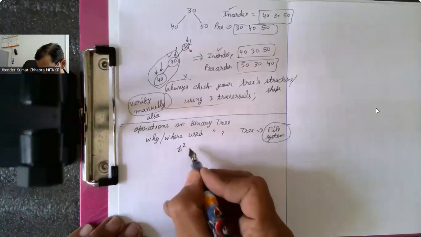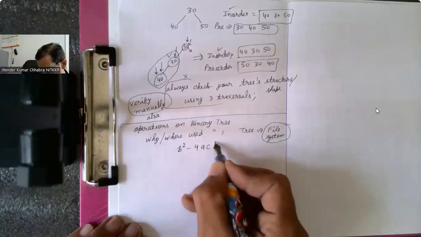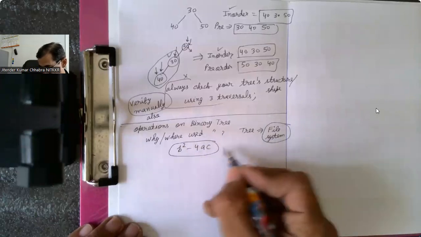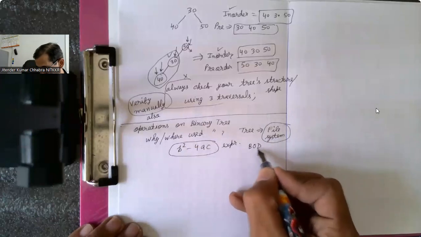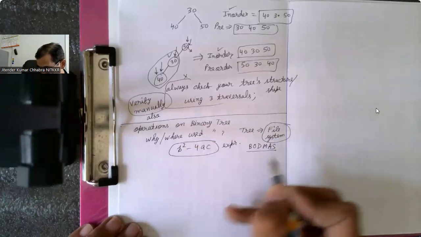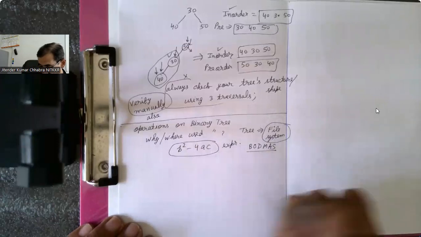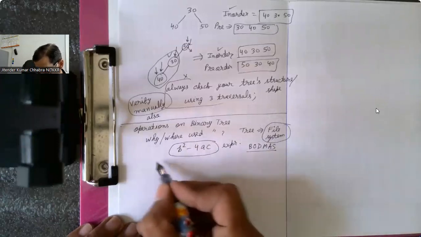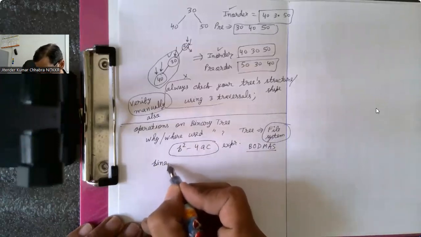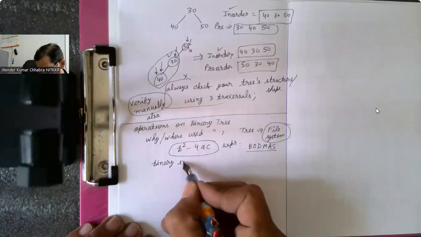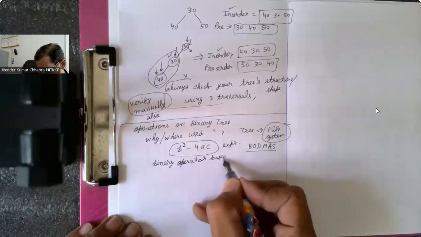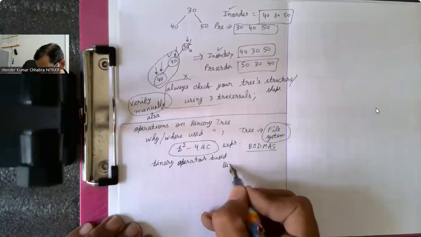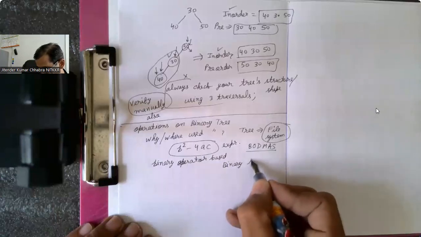For example, when you write b square minus 4ac, you wrote some expression. This expression needs to be evaluated using the BODMAS rule. But at OS level, at compiler level, how is this BODMAS applied? For binary operator based expressions, we will have a binary tree made for this expression.